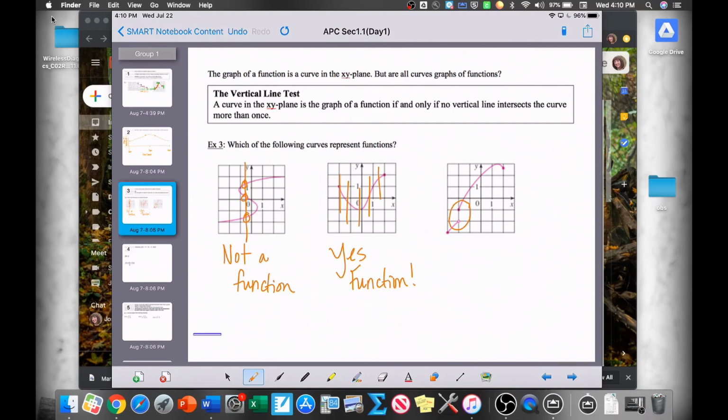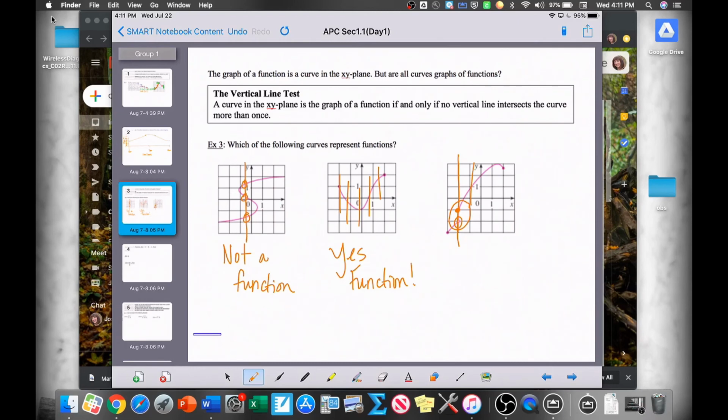Because in order to pass the vertical line test, we can't have 2 closed circles in the same vertical line. If this is the vertical line that I'm talking about right here, I have a closed circle right here, but notice that that circle right there was intentionally left open. What that means is it still passes the vertical line test when x equals -2.